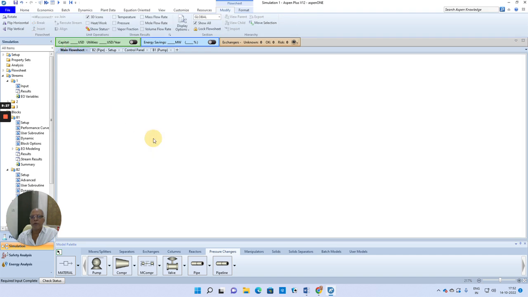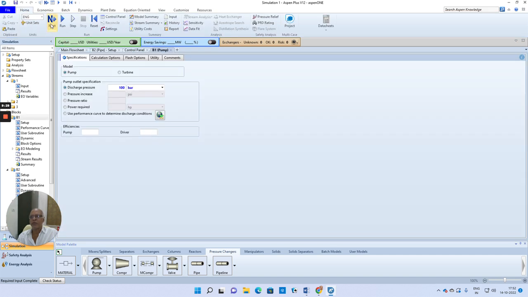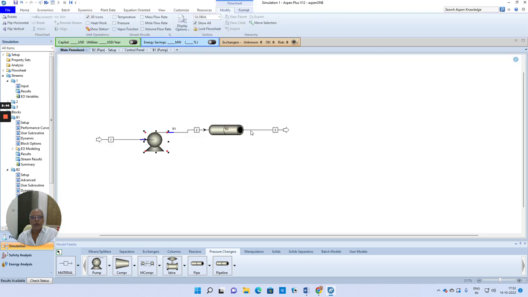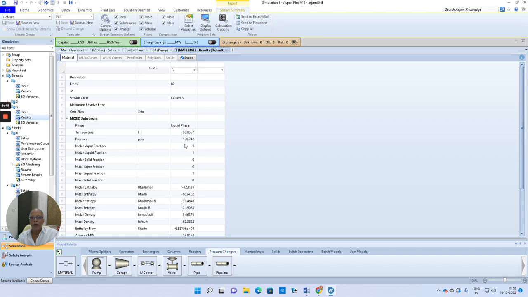Do it in discharge pressure. So let us see the control panel. So we were able to come to the conclusion, and now let us see the pressure at the exit. Now you can see the units.